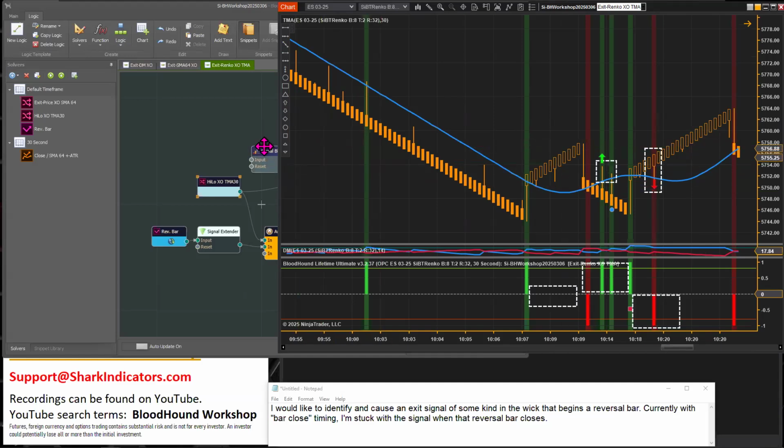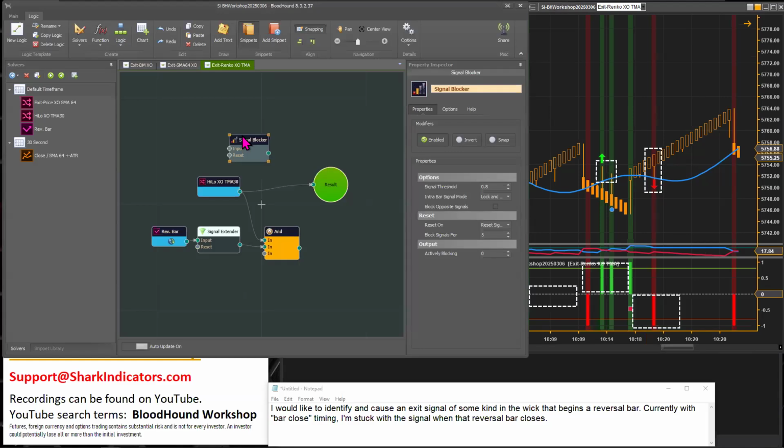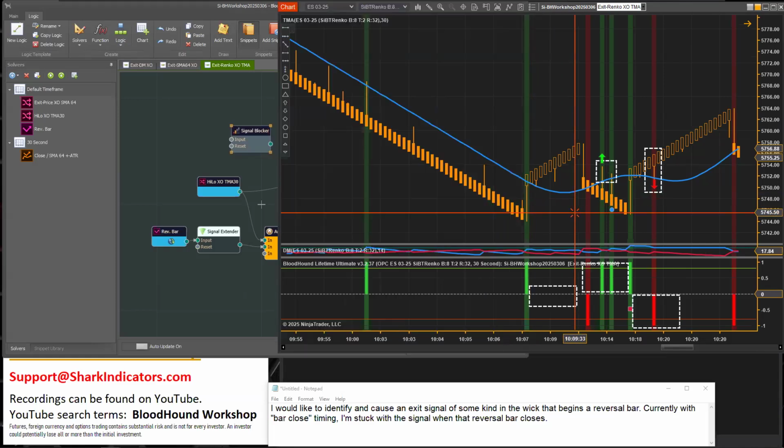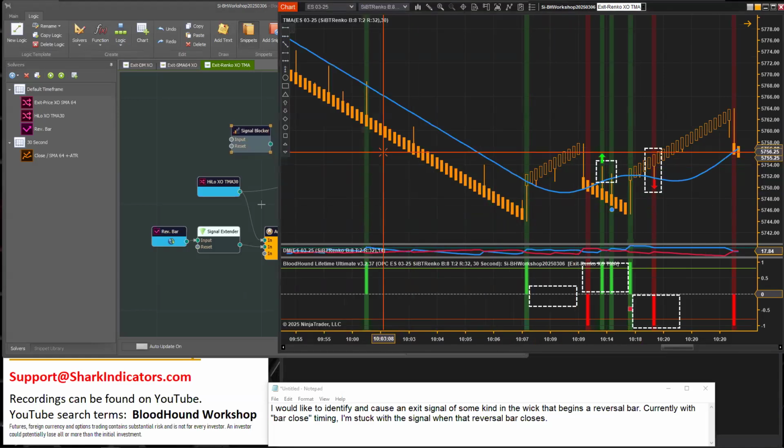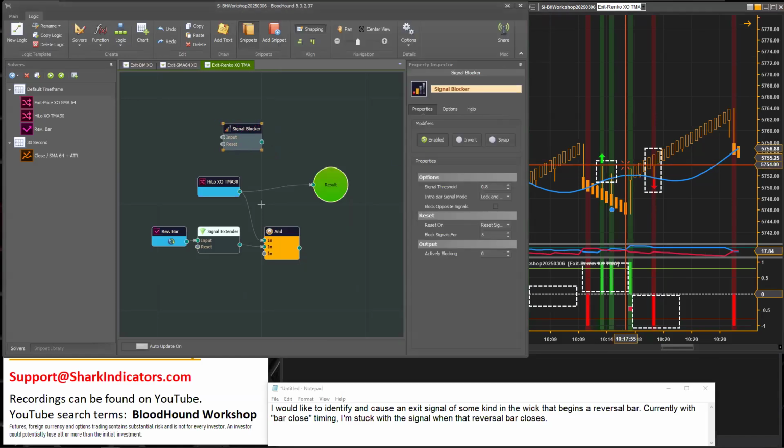So remember, the signal blocker's original intention and purpose is to block unwanted entry signals. So when you're doing that, your first signal that activates the blocking is always going to be in the same direction of the signal that you want to block.